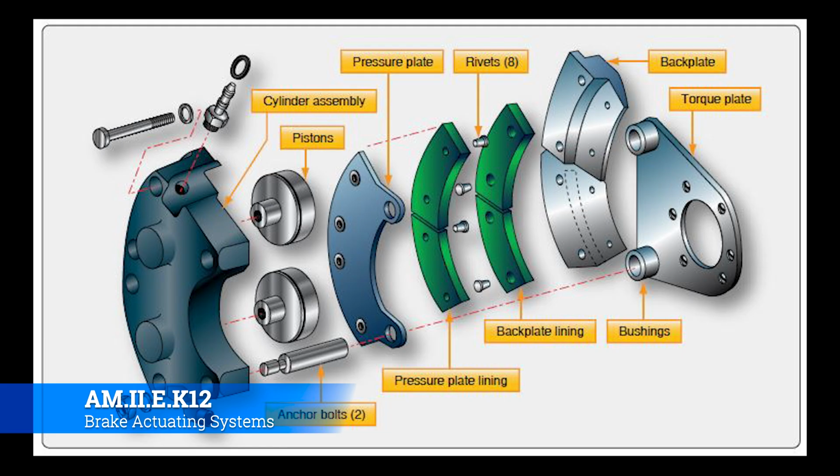Now, the clear advantage of this system is that it allows you to take the brakes off without having to remove the wheel. This is really handy, especially in the general aviation world, because you don't have to jack the airplane to change the brakes, service them, troubleshoot them, or fix them.